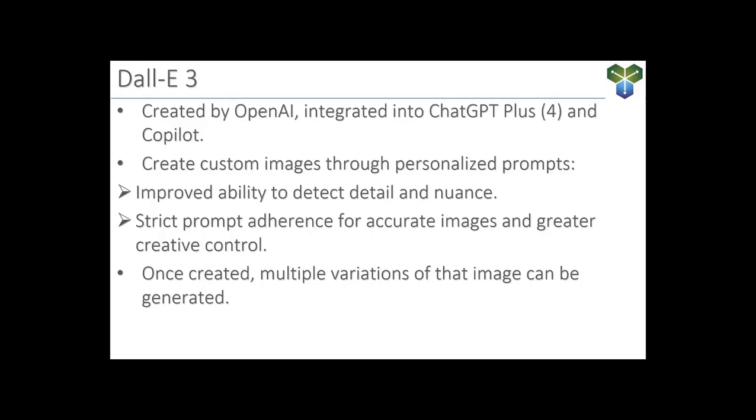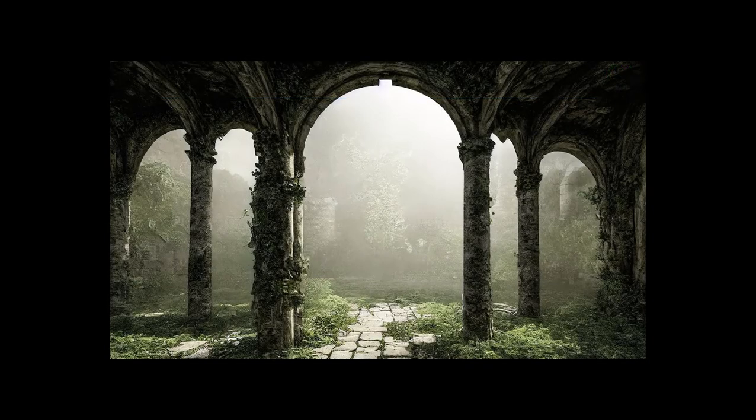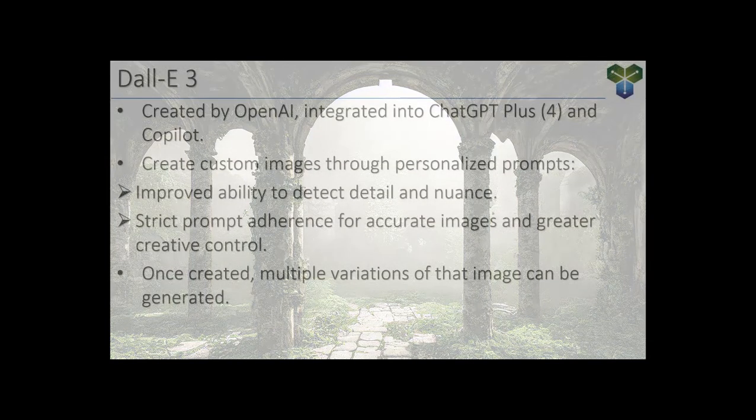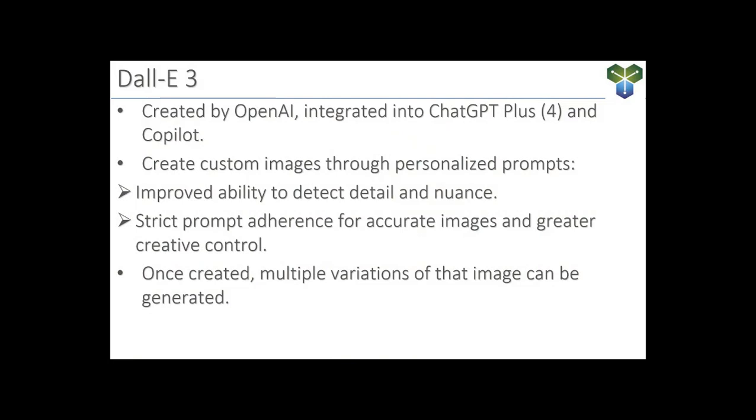Now, I've already mentioned that you can create custom images through personalized prompts. That's the basis of what Dall-E 3 can do for you. But there are a couple points to touch on here. Compared to its previous versions and to its competitors, Dall-E 3 has a very impressive ability to detect detail and nuance. It also has a very strict prompt adherence for accurate images and greater creative control.